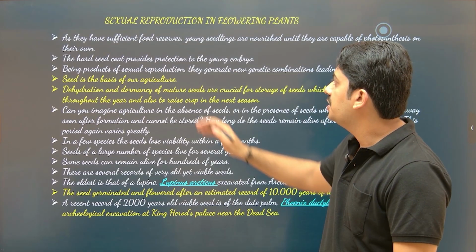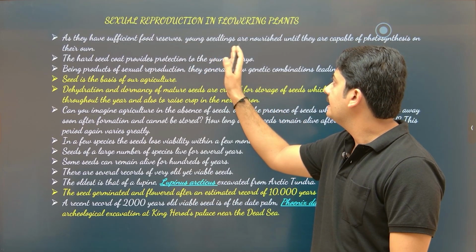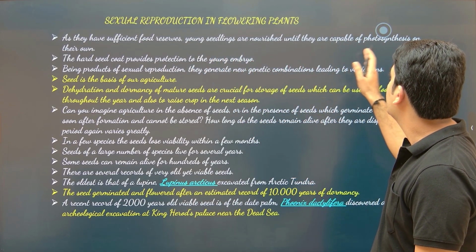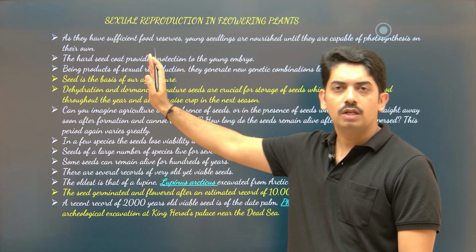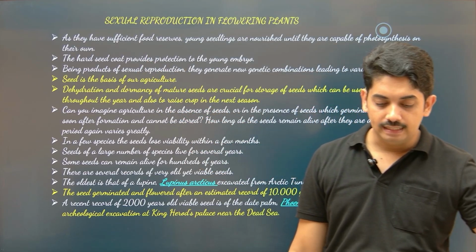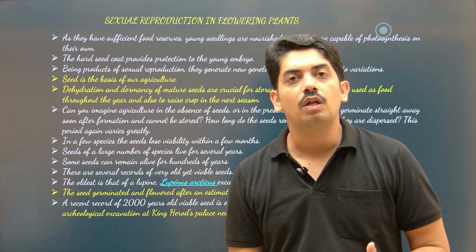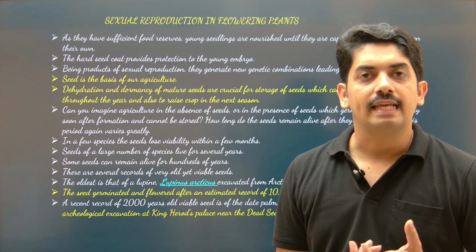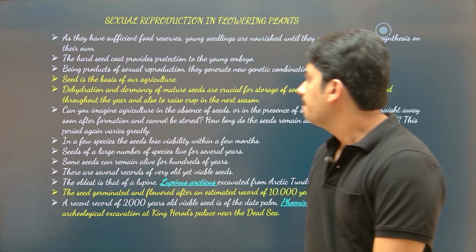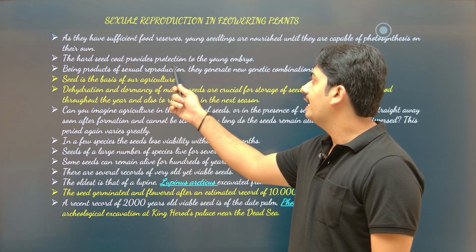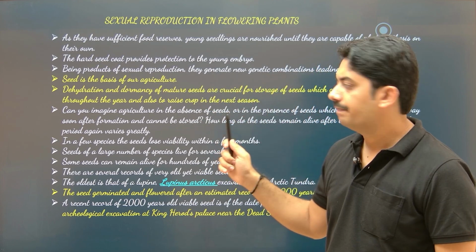As they have sufficient food reserve, young seedlings are nourished until they are capable of photosynthesis on their own. That's why, earlier in this topic, I explained the role of cotyledons. They act as embryonic leaves. The hard seed coat provides protection to the young embryo.